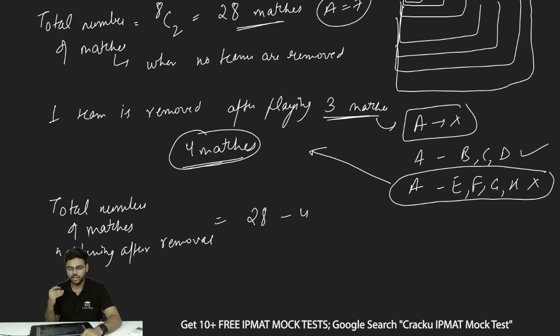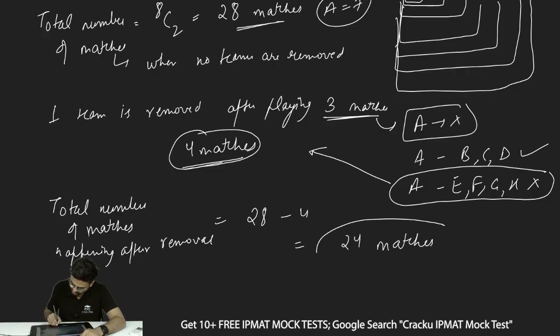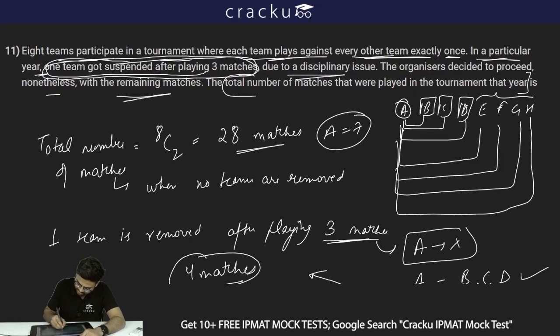So 28 minus 4 is 24. So the total number of matches after one team got removed due to disciplinary issues is 24 matches, and the correct answer for this will be 24.